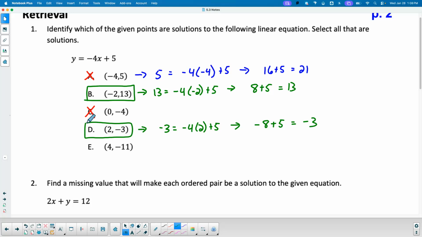Yeah. Okay. -11 equals -4 times 4 plus 5. That's going to be -16 plus 5, which is -11. -11 is -11. Yep. So B, D, and E were the ones that work.